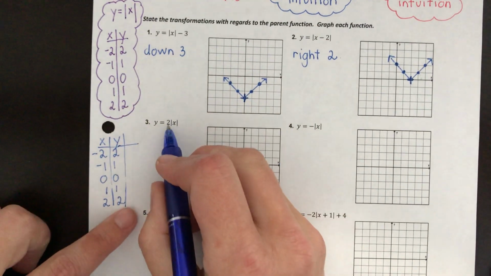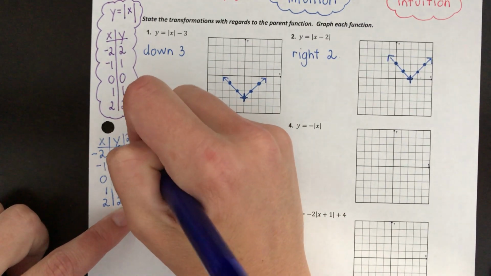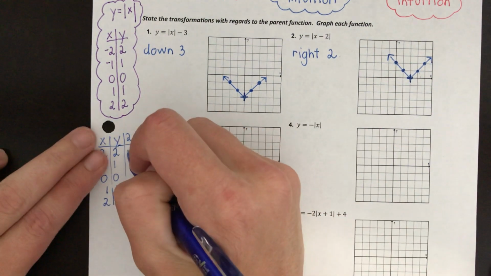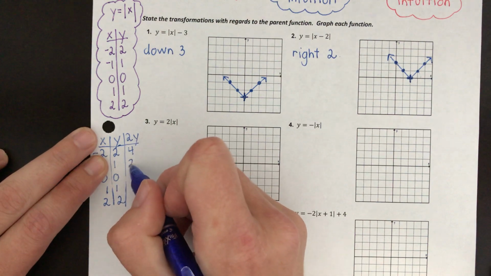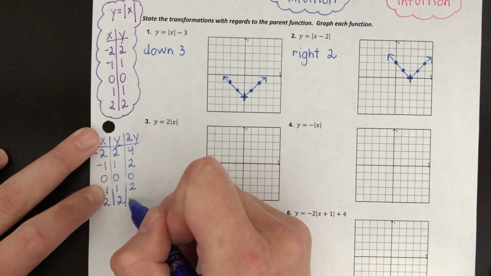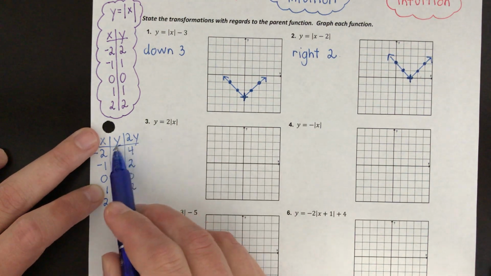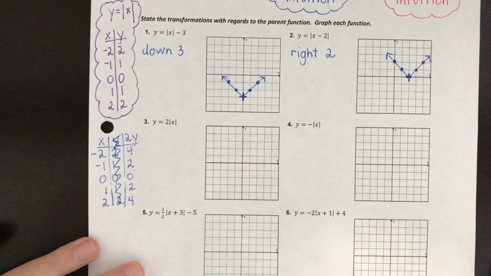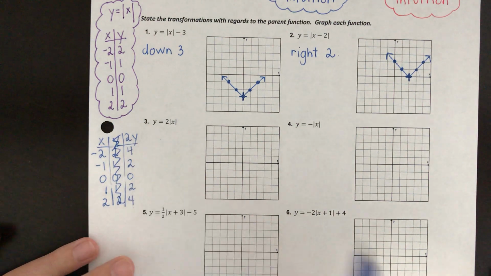Okay, so a is 2, so I'm going to take 2 times y. Okay, multiply my y values by a, so 2 times y. So that means this is going to become 4, 2, 0, 2, 4. Remember, I'm multiplying my y values by 2. Then I'm going to cross out my original y values. I don't want to look at them anymore. I want to look at my new ones.